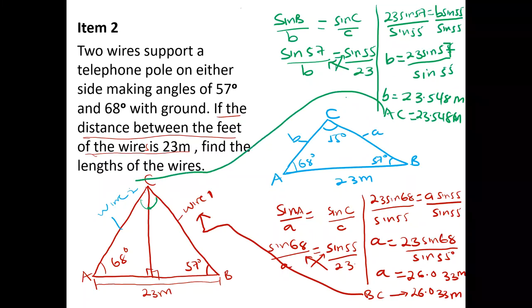So that is the length of the second wire, that makes an angle of 68 degrees with the ground. So that's how we can use sine rule from our scenario.